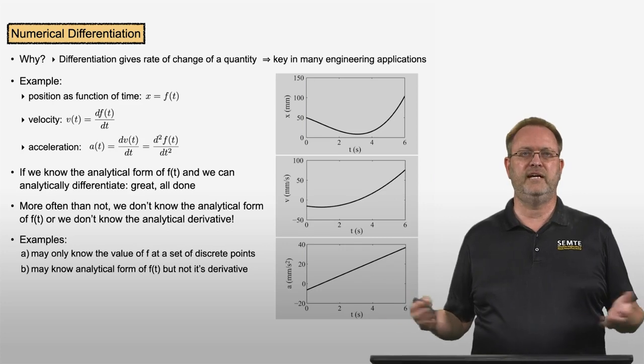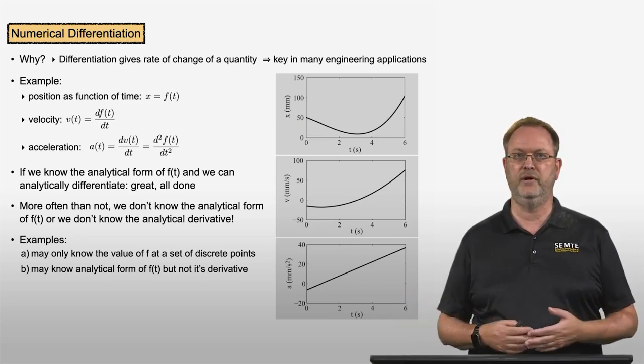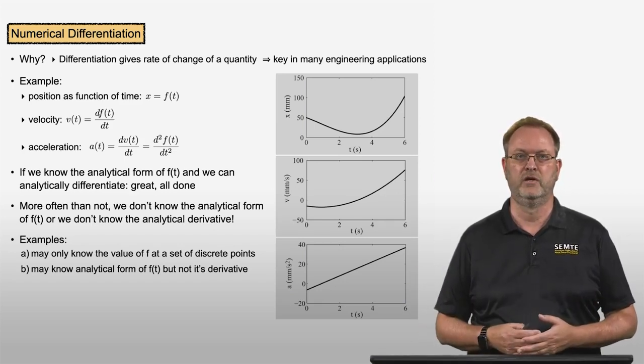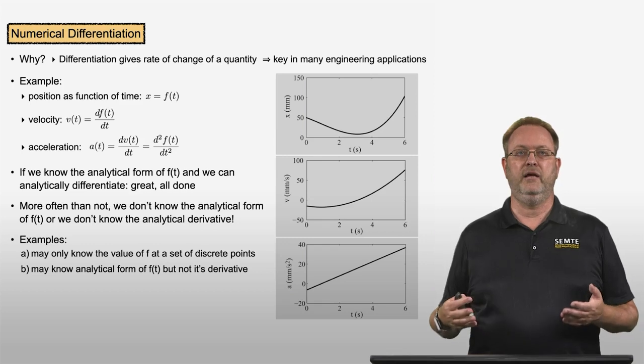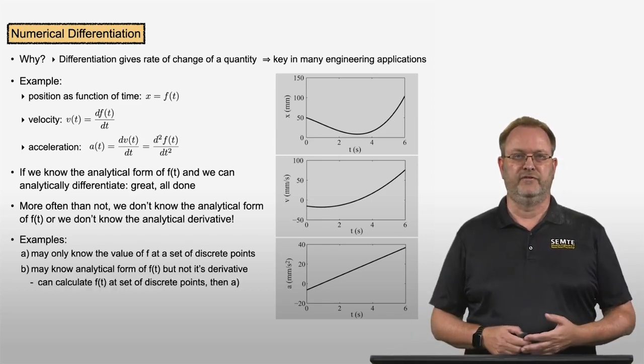For example, A, we may only know the value of f at a set of discrete points, so we actually don't know the actual analytical form of f of t. Or B, we may know the analytical form of f of t, but not its derivative.